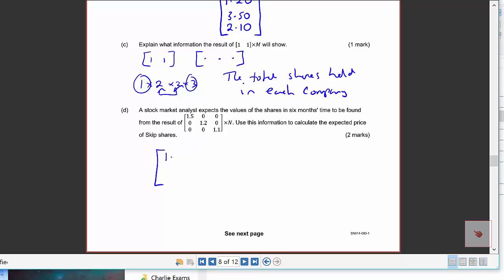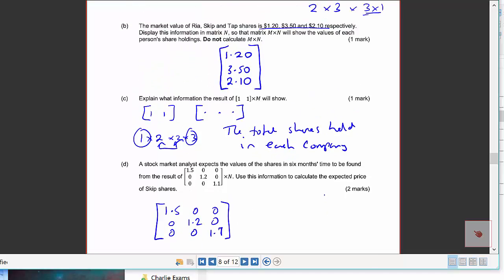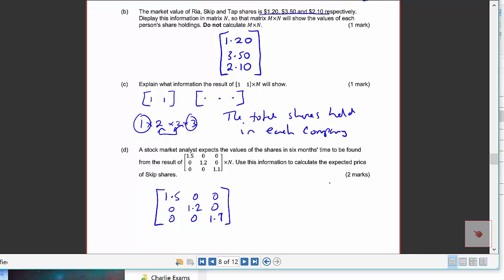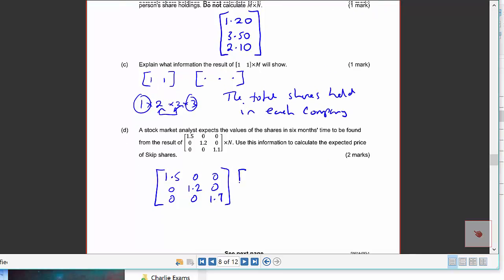So the matrix we have is 1.5, 0, 0, 0, 1.2, 0, 0, 0, 1.1, and the matrix N was this one here. 1.20, 3.50 and 2.10. And we're looking at Skip, so that's going to be the middle one.